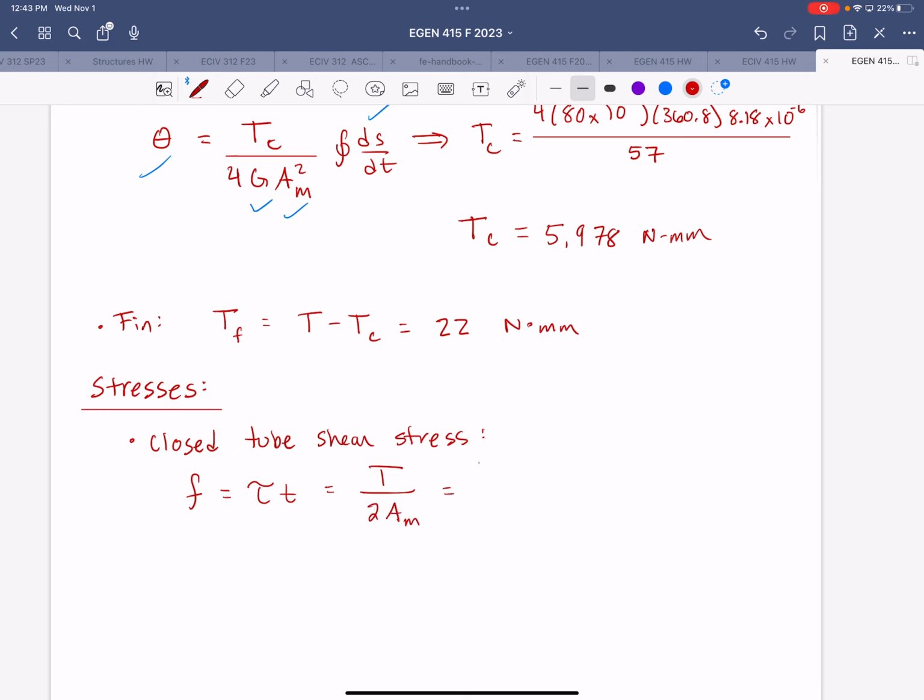So we can calculate that as 5,978 divided by 2 times 360.8, which is 8.28 newtons per millimeter.